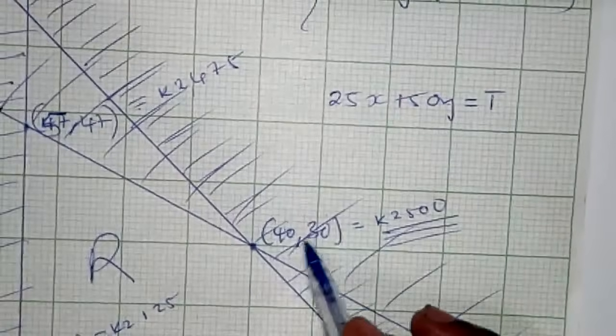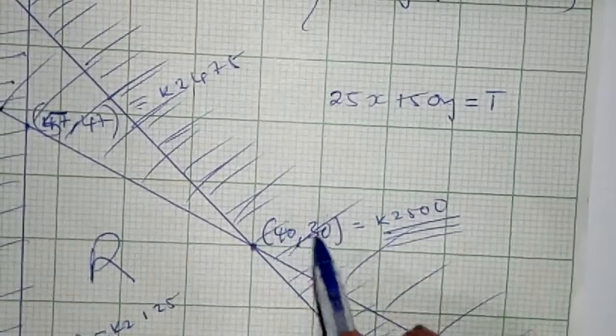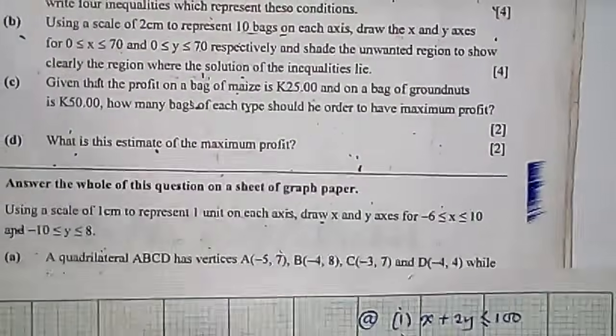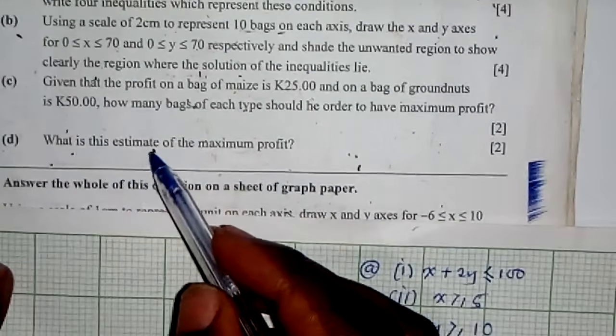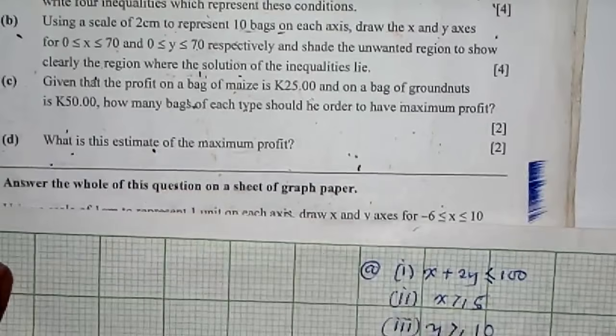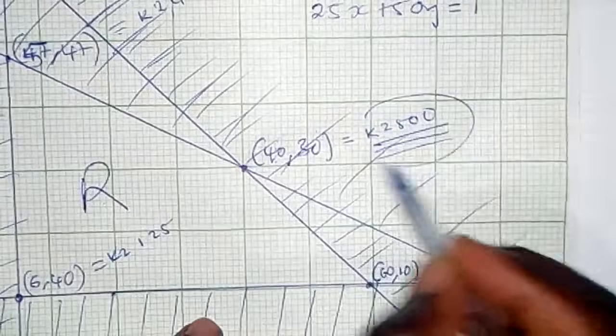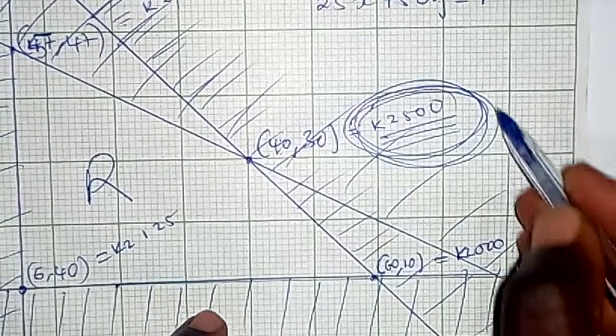Just get the coordinates. This is for groundnuts and this is for maize. Lastly, they have asked for the estimate of maximum profit. You just get this same value over here. This is the maximum profit.